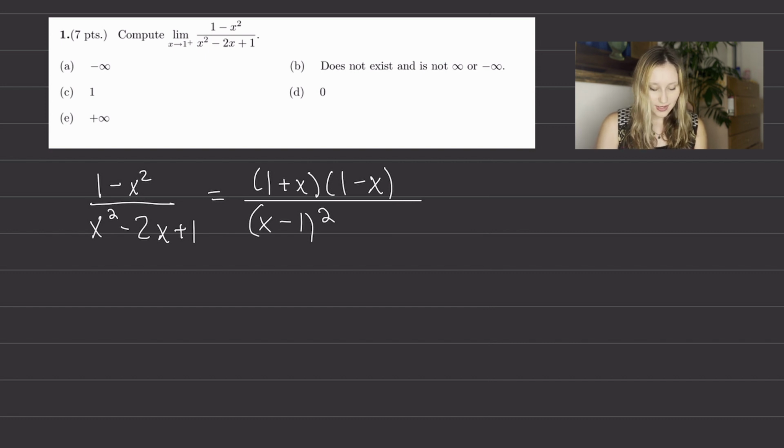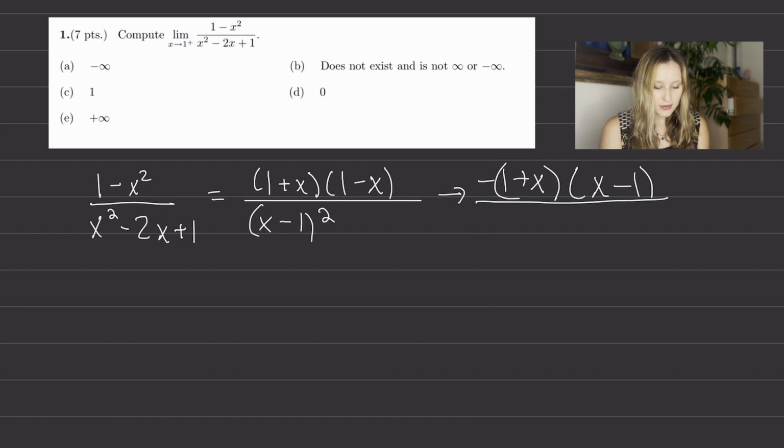So we don't have anything that we can cancel out, but we have something that we can almost cancel out. And we're going to manipulate it as we do, manipulation. So that becomes 1 plus x. We're going to add a negative in front, and we're going to get x minus 1, and we get x minus 1 on the bottom, squared. Let's cancel out 1.